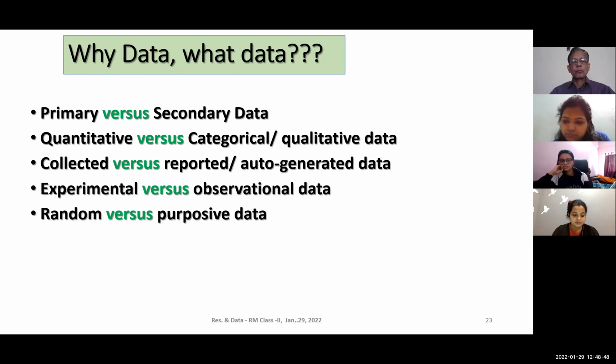We can take a particular area and say this is from Big Bazaar, this is from More, and this is from whatever. That is random. I'm not really particular about it. But if my purpose is to do research on understanding the behavior of a customer who goes to Big Bazaar, then I would collect data only from Big Bazaar shops in that geography.